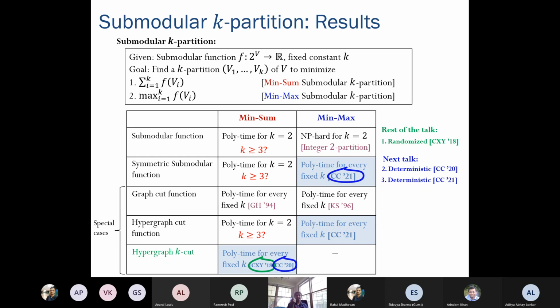If you can do that deterministically, then that's de-randomization. But we don't know how to do that even for Karger's algorithm for graphs. So we need completely new techniques for a deterministic algorithm for hypergraph KCut.